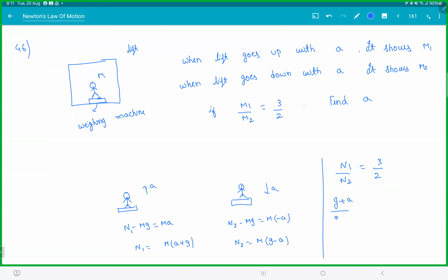So G plus A by G minus A is 3:2. Cross multiply, you'll get A equal to G by 5, which is 2 meter per second square. Clear?